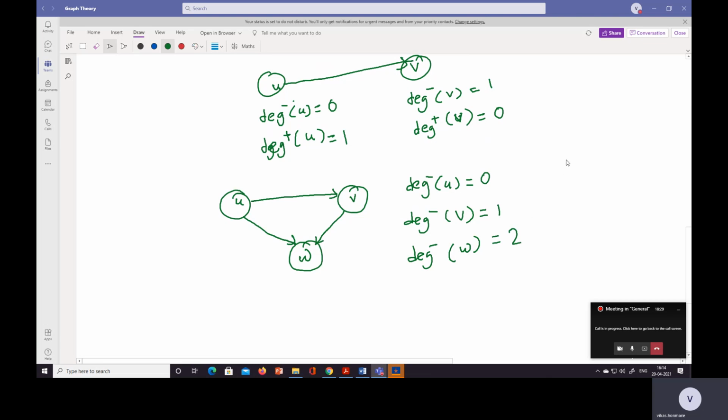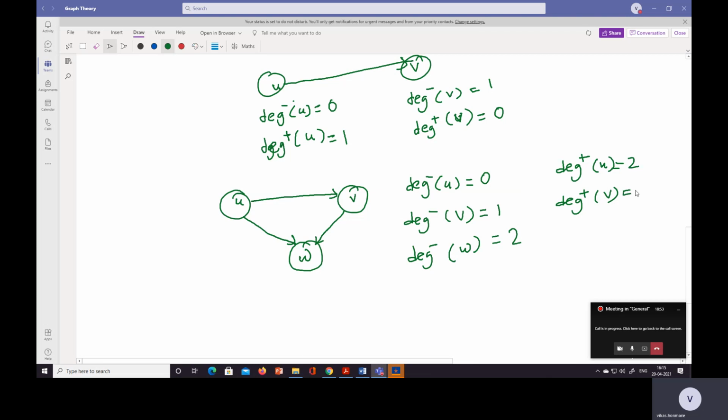Then out degree for u: it is the initial vertex for two arrows, so out degree for u is 2. Out degree for v is 1, since it is the initial vertex for one arrow.